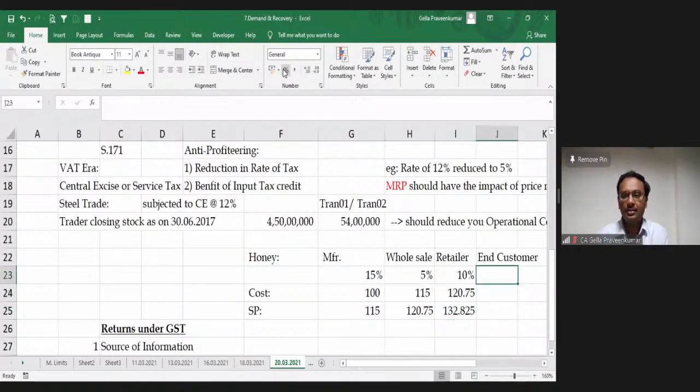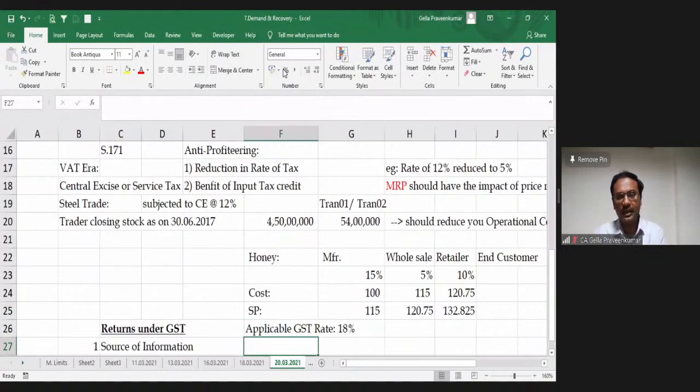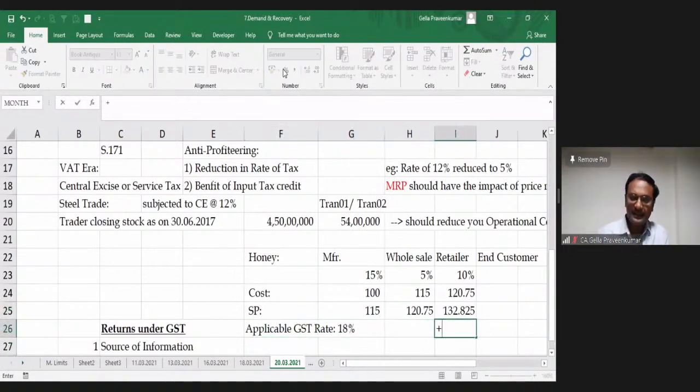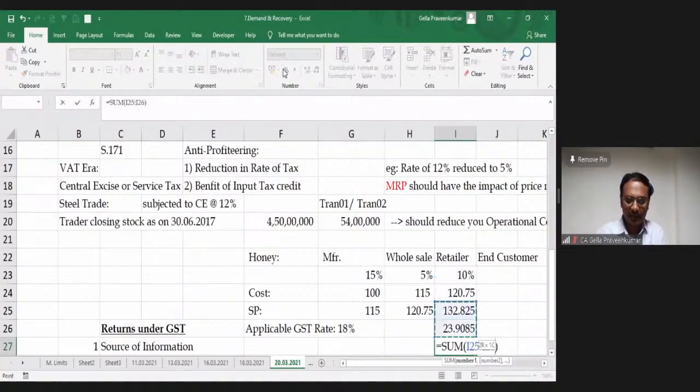Now, for the end consumer, they want to do a rounding off. As of now, GST is applicable at, say, a rate of 18%. On this 132, 18% happens to be 23. Now, if I want to put the MRP, the manufacturer says, okay, this is my costing model.